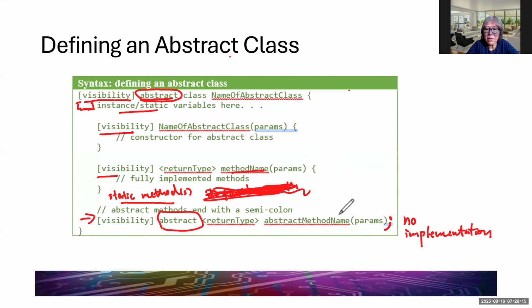So basically, this is just a method header, empty without implementation, still has visibility. So this method, we call it an abstract method. An abstract class must have at least one abstract method, otherwise not.